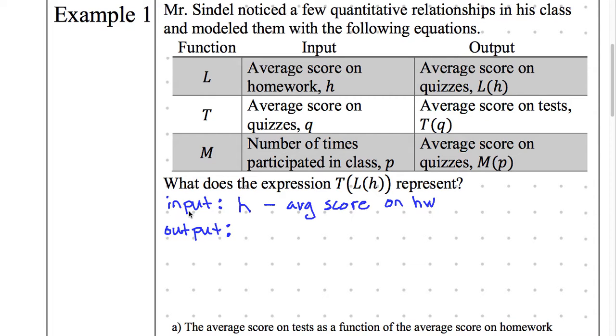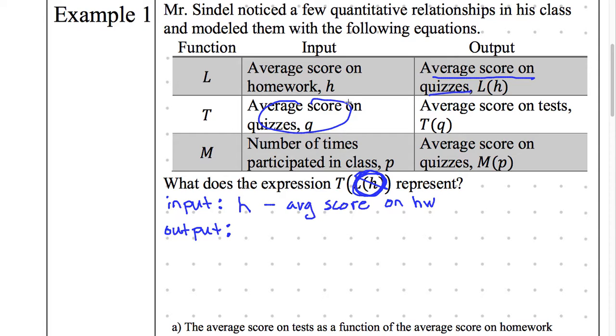Perfect. All right, so H is being fed into this function L. L will transform H, right here, into this, average score on quizzes. So right now, this whole block right here represents average score on quizzes. Now that's being fed into a new function, T. Average score on quizzes goes in. Perfect, this T accepts that as an input.